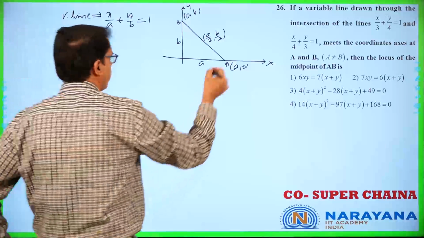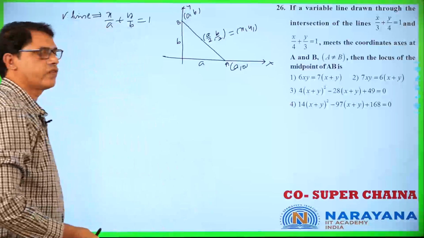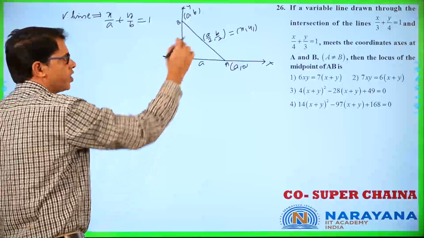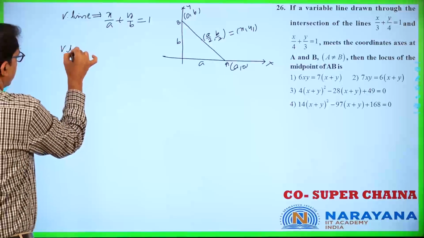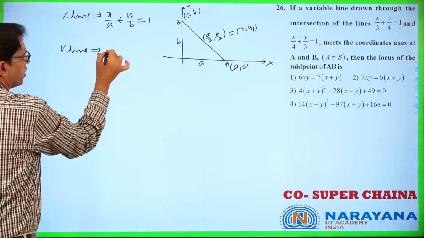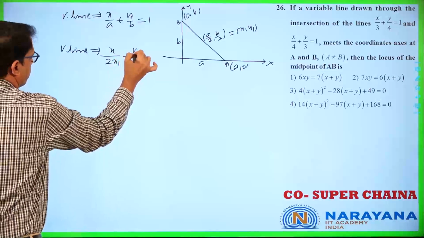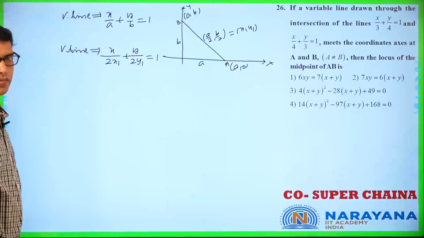We have to find the locus of the midpoint. Say the midpoint is some x1, y1. So from this, A equals how much? 2x1, B equals 2y1. That implies the variable line x upon A with the value 2x1, y upon B with the value 2y1, equals 1.